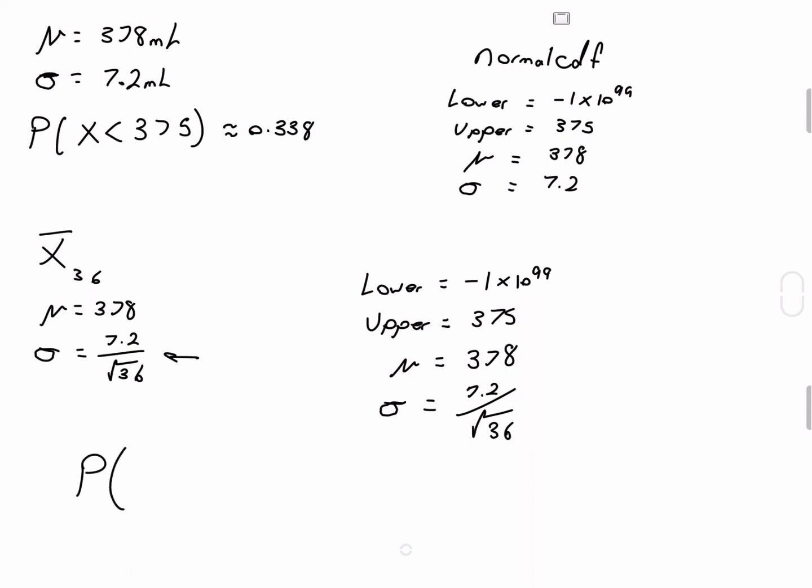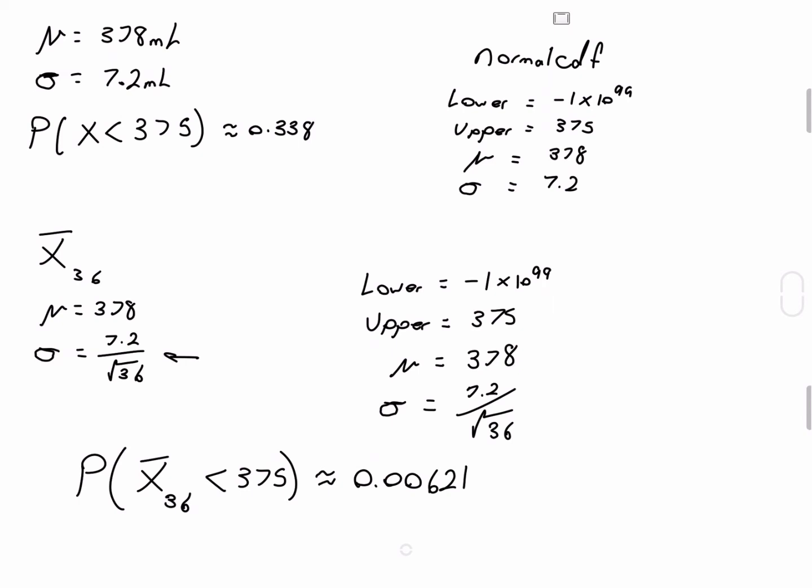So we could write this down as a probability that our mean, X bar, or 36, because we're taking 36 cans, is going to be less than 375, is roughly going to be equal to 0.00621.